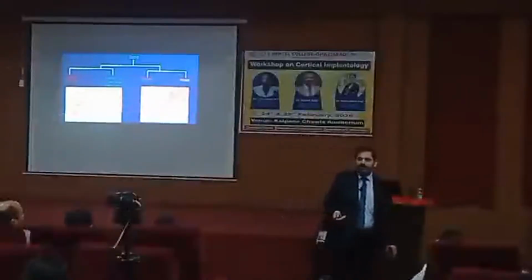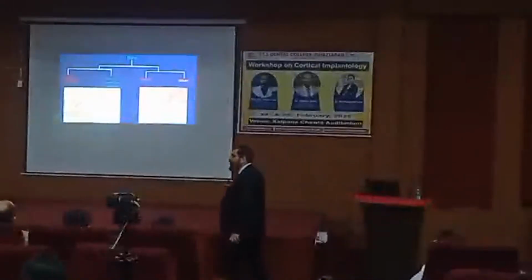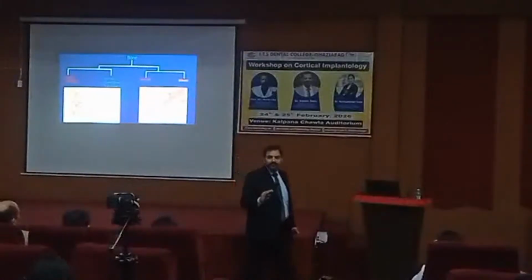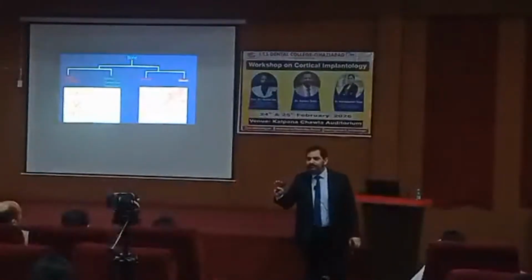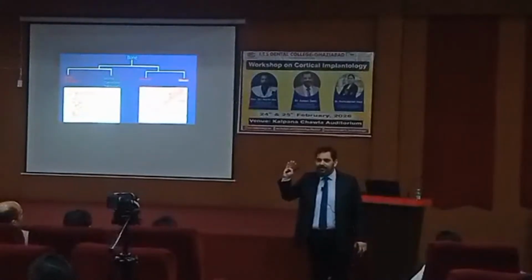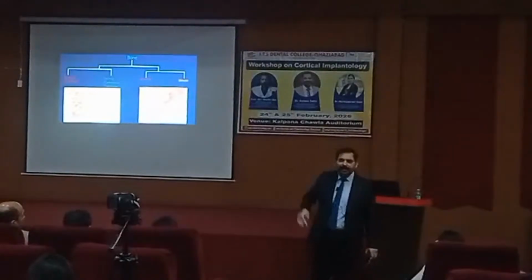What about the vascular supply? Pressure necrosis will happen, yes or no? Ultimately the bone is going to be necrotized, it's going to be a failure. Agree? Raise your hand. Who all agree? Yes. It's going to be a failure if you place it here.